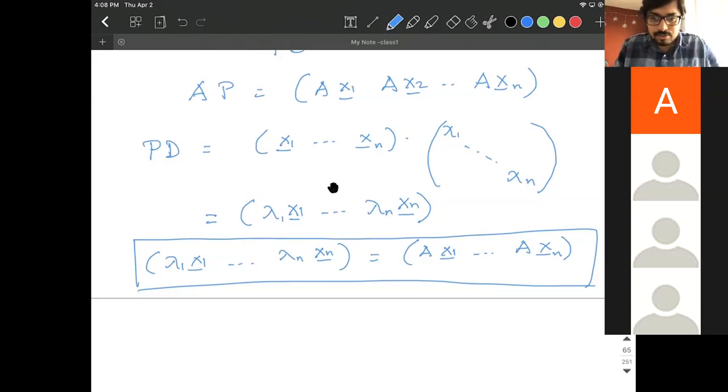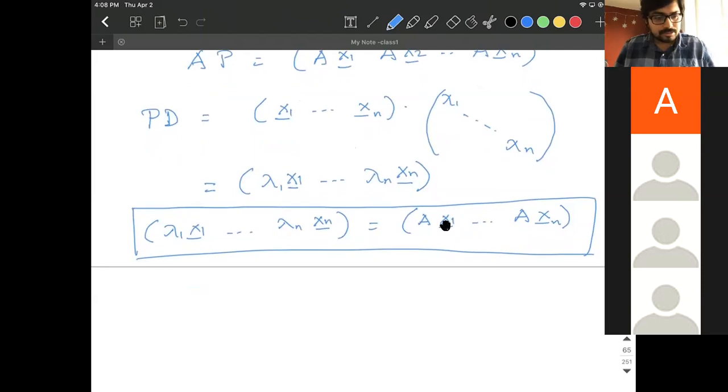Okay, so without looking at page 5, can you tell me what this equation says? This particular equation? So this is a matrix equality, right?